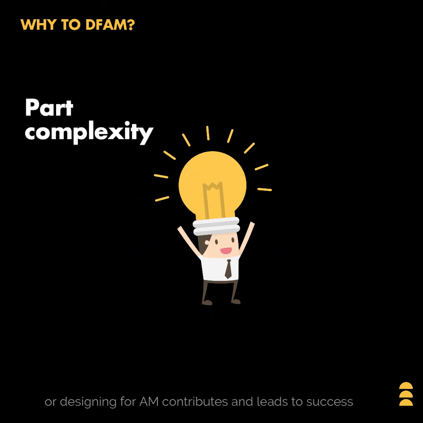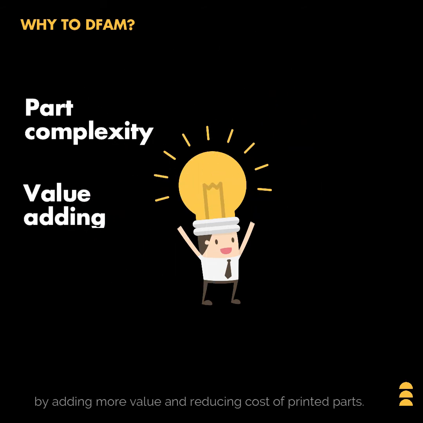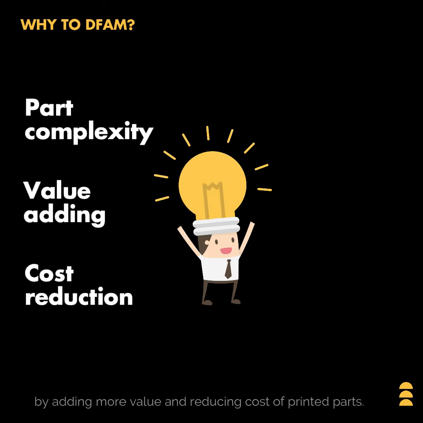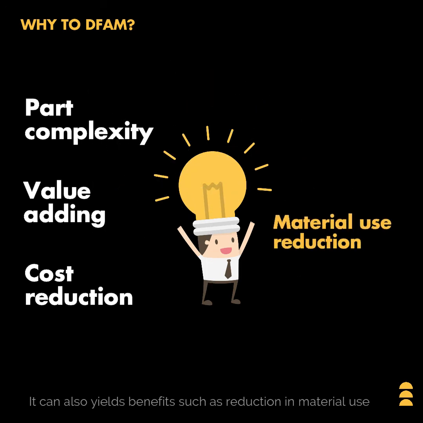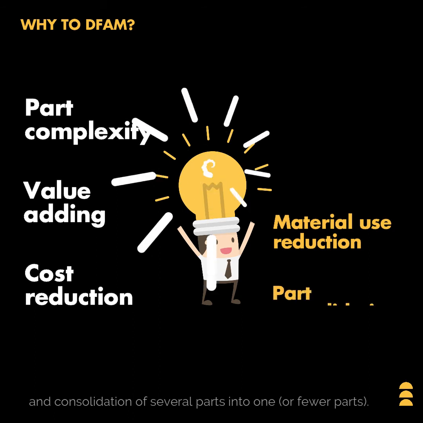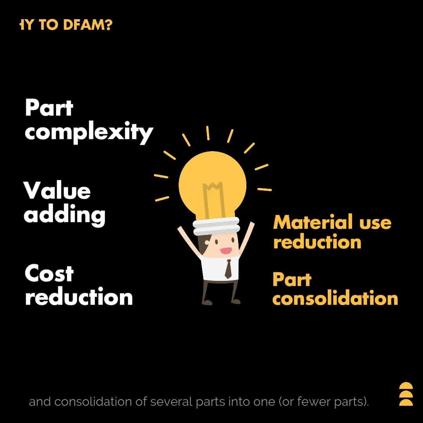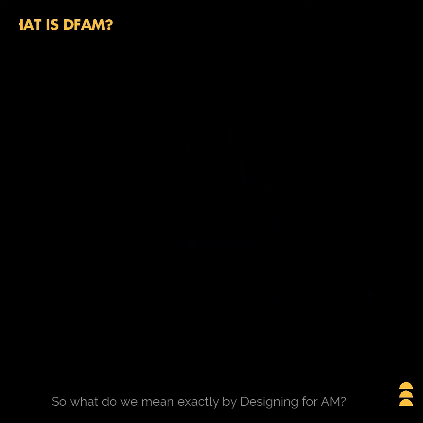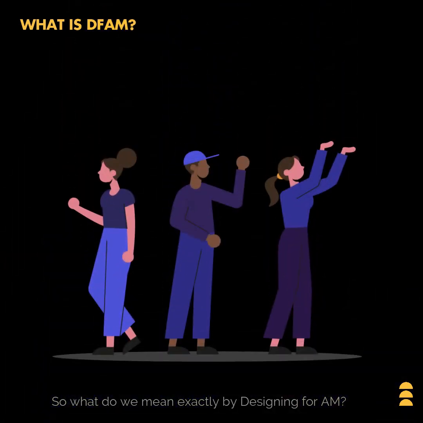Therefore, optimizing or designing for additive manufacturing leads to success by adding more value and reducing cost of the printed parts. It can also yield benefits such as a reduction in material use and consolidation of several parts into only one. So what do we mean exactly by designing for additive manufacturing?